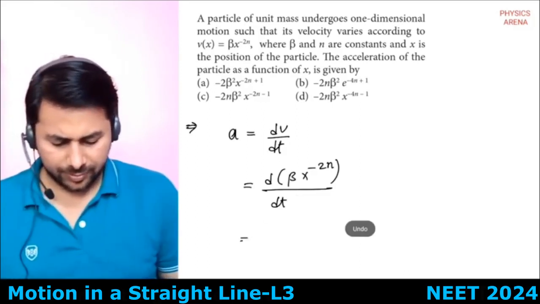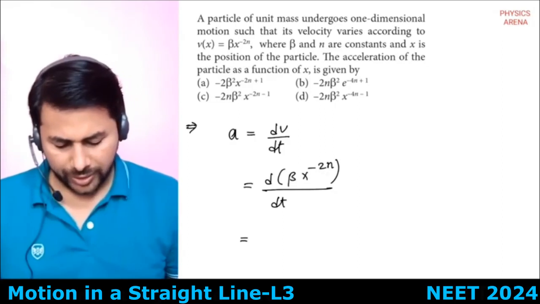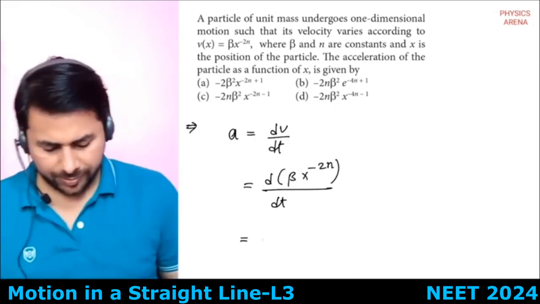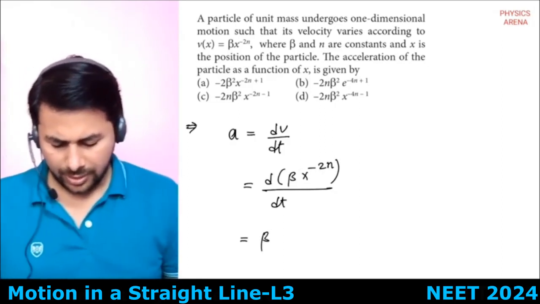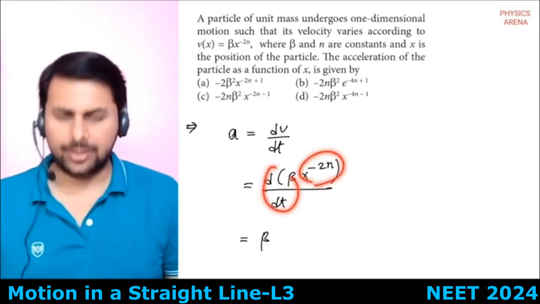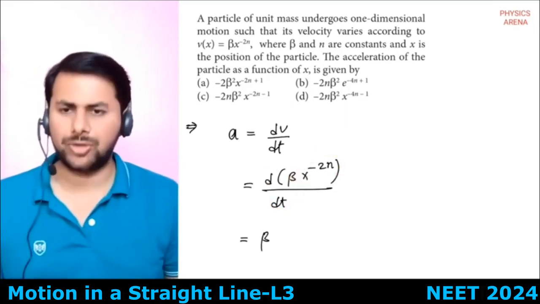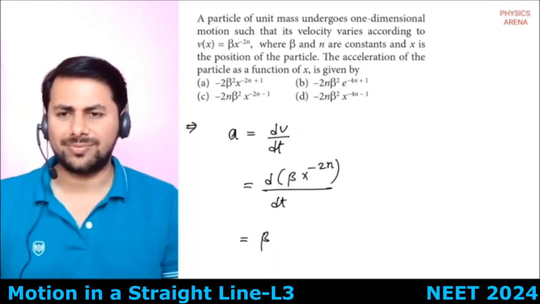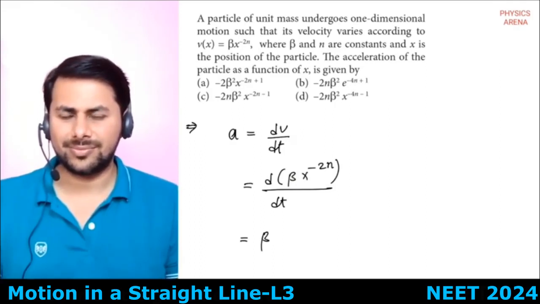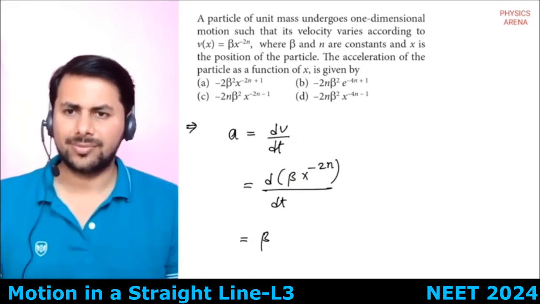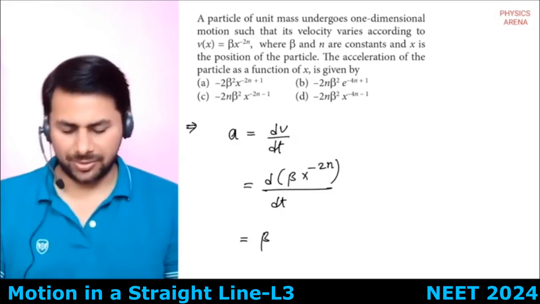So then, beta can be taken out, and you have d by dt of this thing, which is a function of x. So what should we do here? Can you tell me? Chain rule. Yeah, we should apply the chain rule.